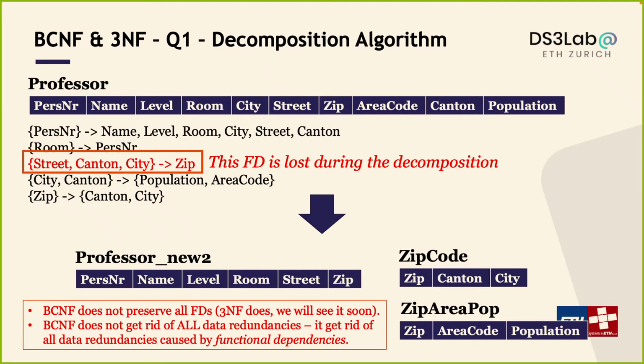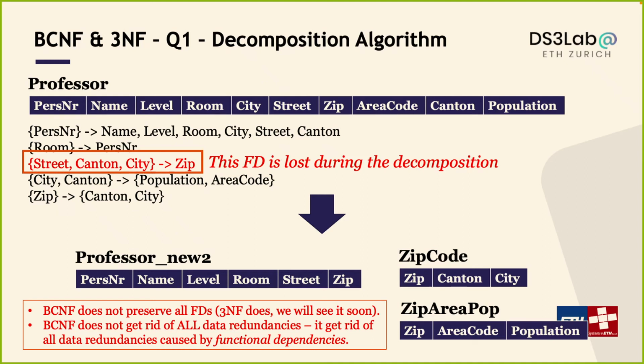Another property is whether it's getting rid of all the data redundancies. In this case, BCNF essentially gets rid of all the data redundancy that's introduced by functional dependency.